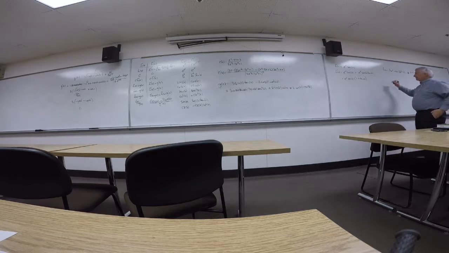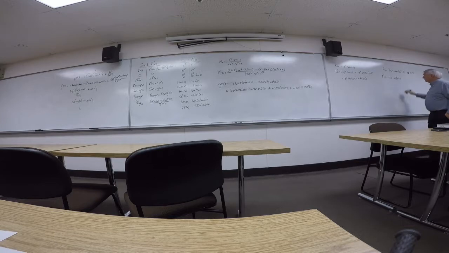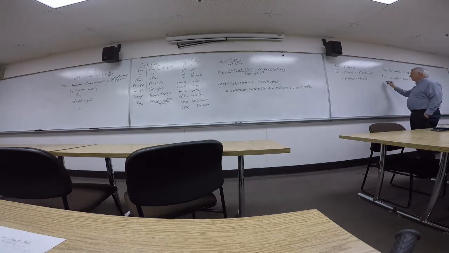So 2, 5 is the point on the curve, so I didn't make a mistake there. So let's find the derivative. F prime of x is derivative of the first factor, 6x minus 4, times the second factor, x cubed minus 7, plus the first factor, 3x squared minus 4x plus 1, times the derivative of the second factor, 3x squared. And in particular, I want to know the value of the slope at 2.